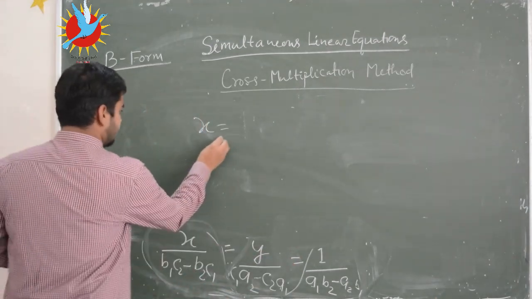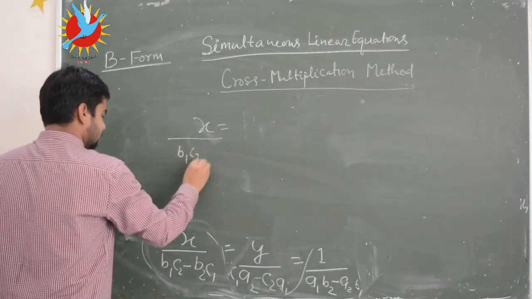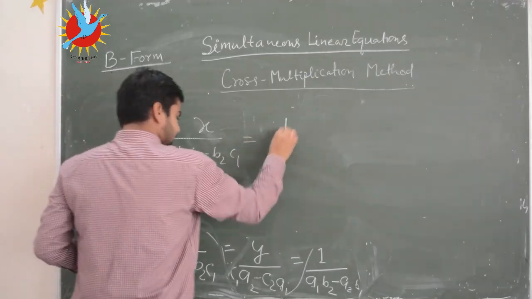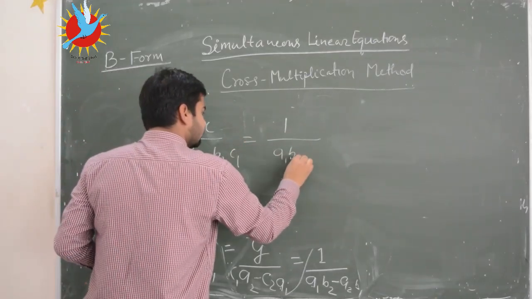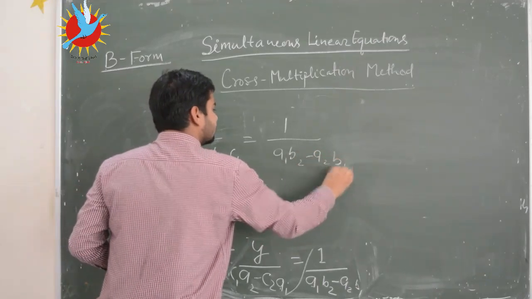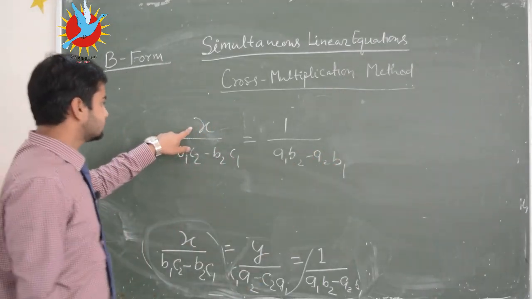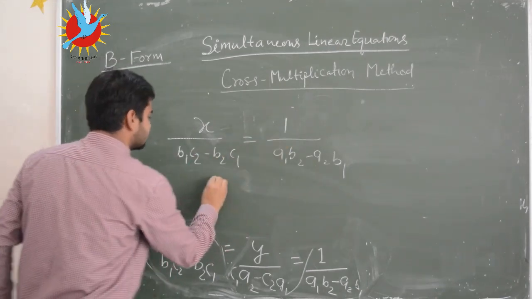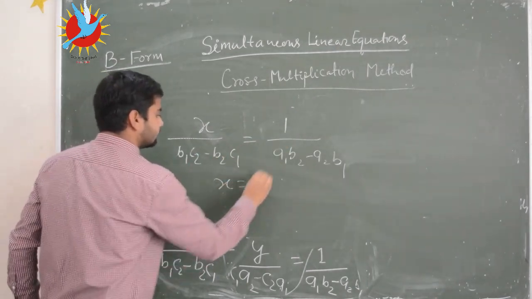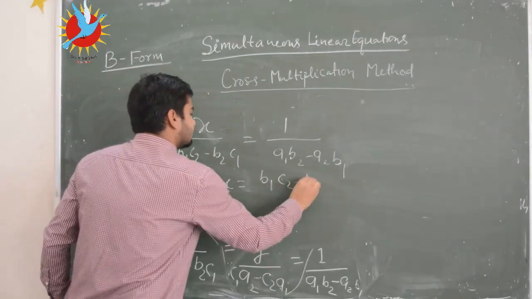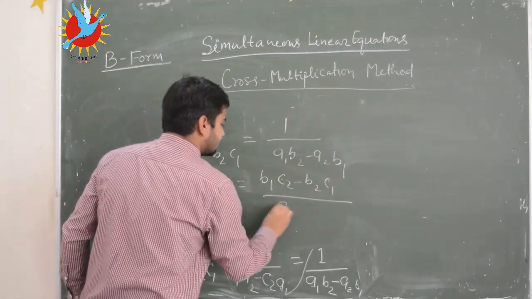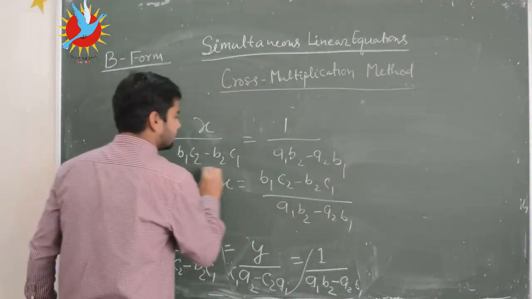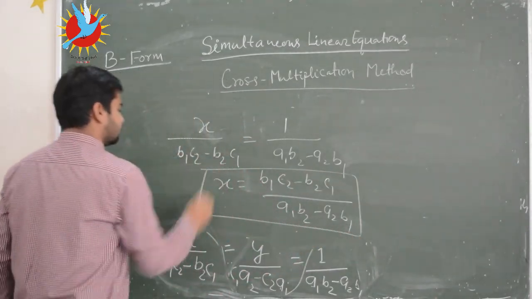So it will be x divided by b1 c2 minus b2 c1 equal to 1 upon a1 b2 minus a2 b1. So we want to calculate the value of x, so write this term over here, so this will become x equal to b1 c2 minus b2 c1 divided by a1 b2 minus a2 b1. So we got the value of x from here.